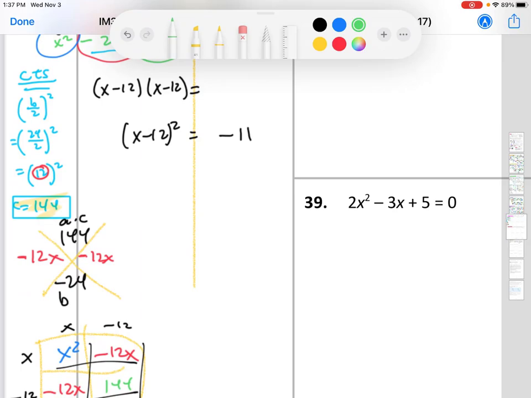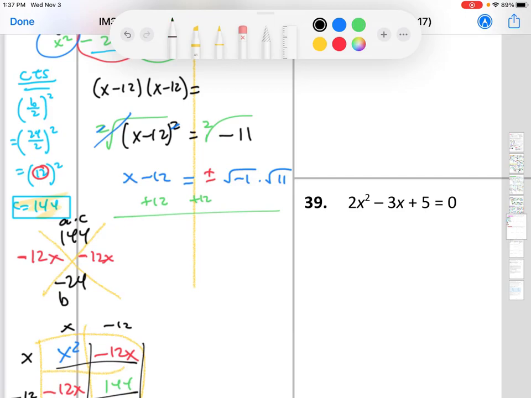Let's go ahead and take the square root now of each side. These cancel. X minus 12 equals the square root of negative 11, which is the square root of negative 1 times the square root of 11. Don't forget our plus or minus. And we'll add 12 to the right side here. X equals 12 plus or minus.